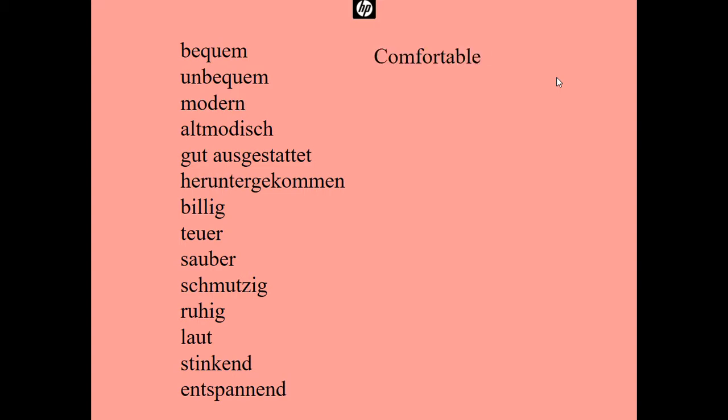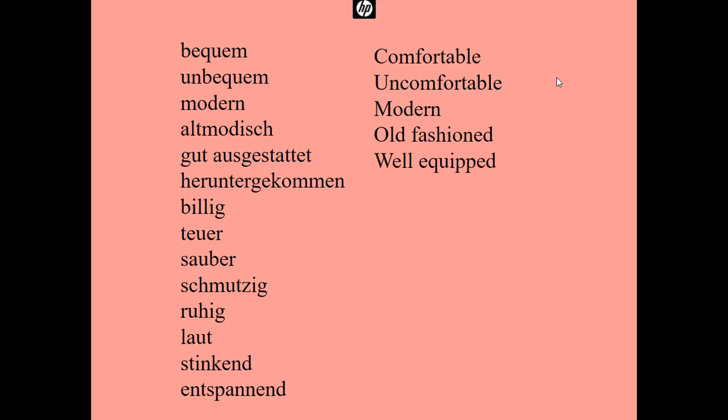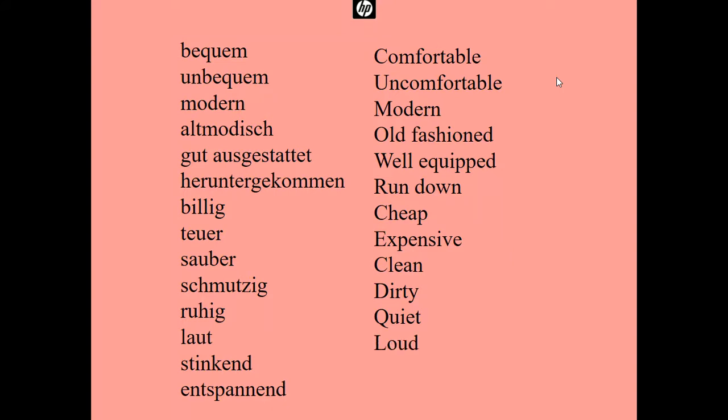So you've got bequem is comfortable, unbequem, uncomfortable, modern, modern, altmodisch, old-fashioned, gut ausgestattet, well-equipped, heruntergekommen, rundown, billig, cheap, teuer, expensive, sauber, clean, schmutzig, dirty, ruhig, quiet, laut, loud, stinkend, smelly, entspannend, relaxing.